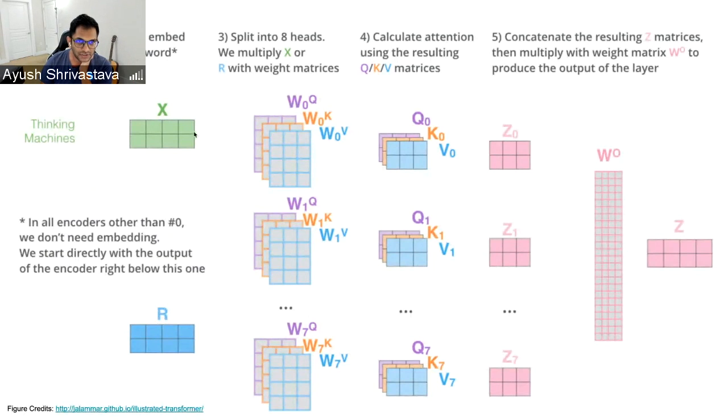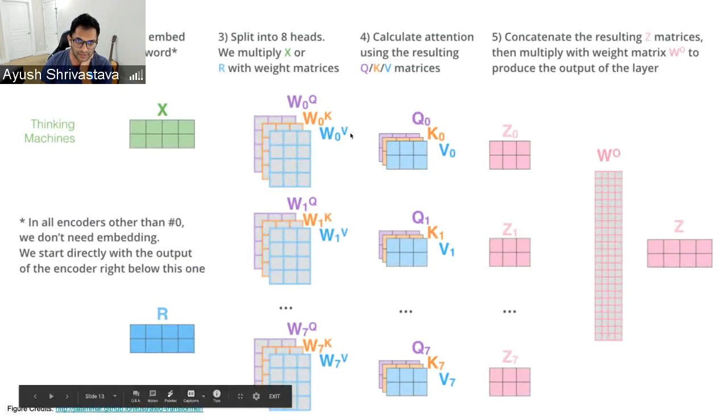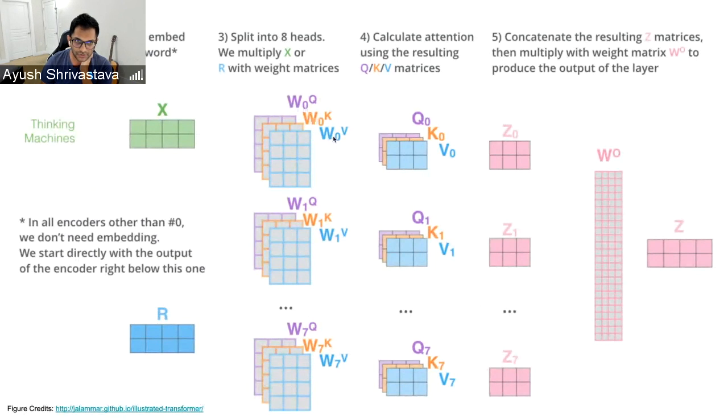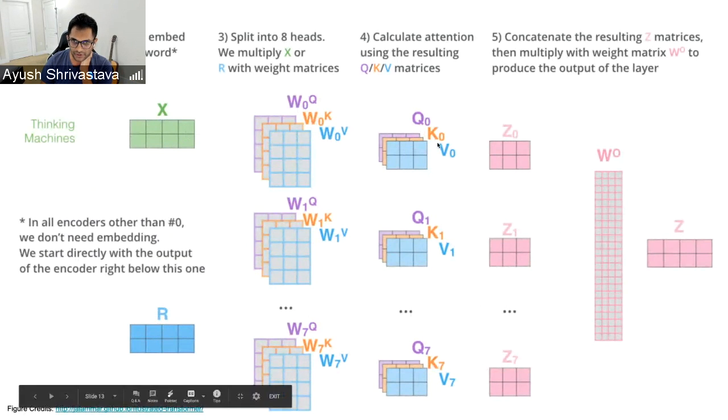In the transformer paper, they split that into 8 heads. So we would have 8 different weight matrices for query, key, and value, so that they can transform them into different spaces. We have these Q0, Q1 up to Q7, same for keys and values.